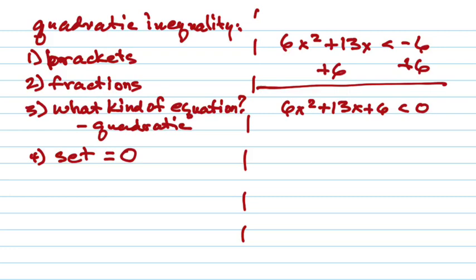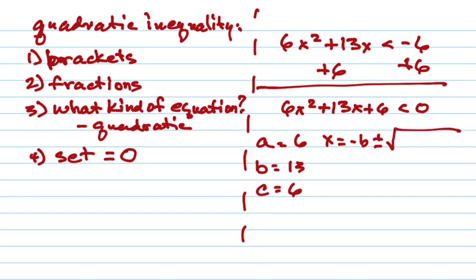And then you can factor it or solve using the quadratic formula. Which do you think you'd do? Quadratic formula? Fine with me. So let's list our a, b, and our c. So we get 6, 13, and 6. So x is equal to the opposite of b plus or minus the square root of b squared minus 4ac.